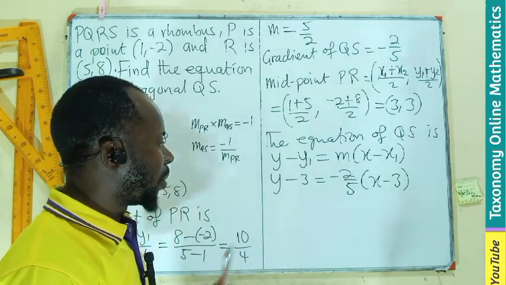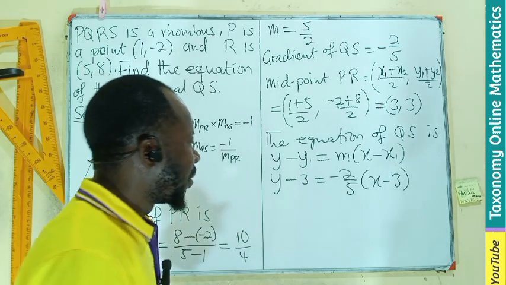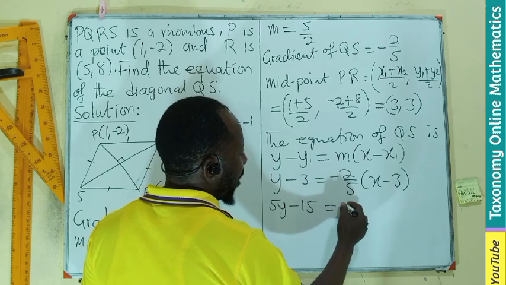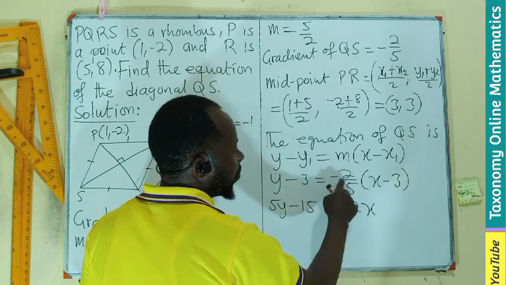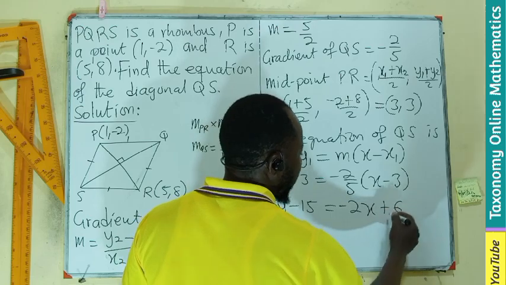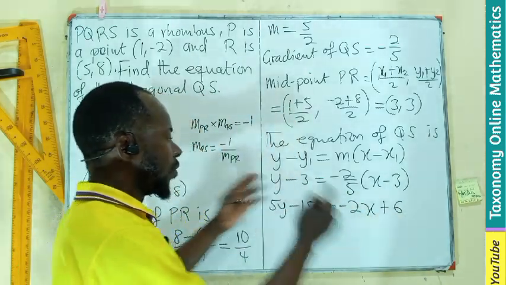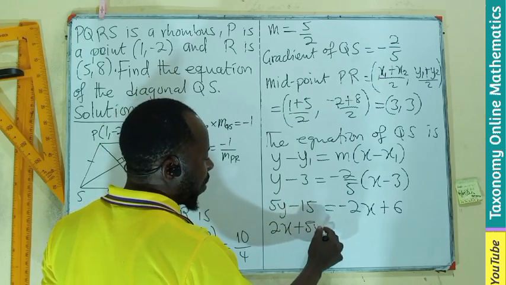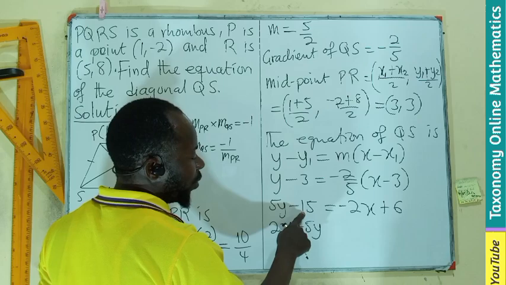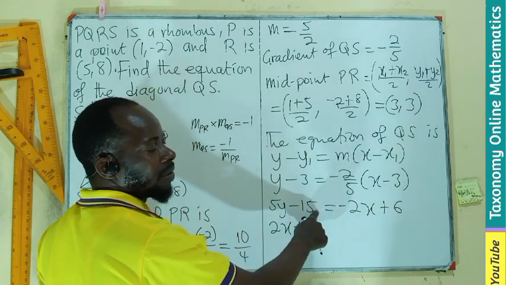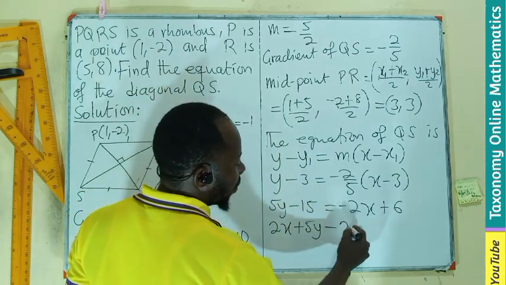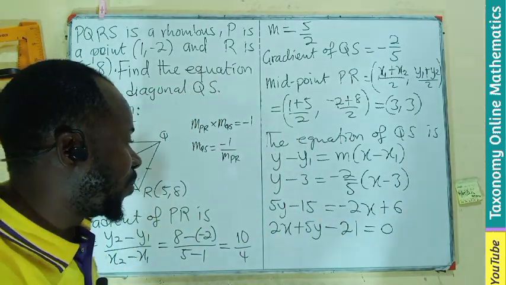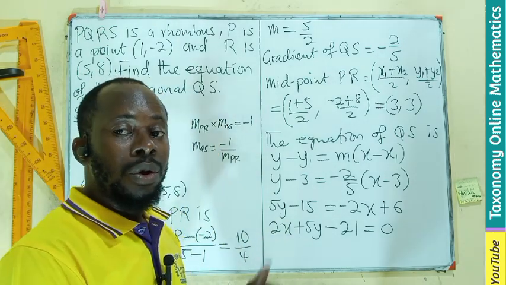So let's multiply both sides by 5, and that becomes 5y minus 15 equals minus 2 times x minus 2 times minus 3, which will give you plus 6. We are transferring all this now to the left. The negative becomes positive 2x. We already have 5y there. Then this is going to be minus 15 minus 6, and that will be minus 21, equals 0. All right. So this becomes the equation of the diagonal QS: 2x + 5y - 21 = 0.